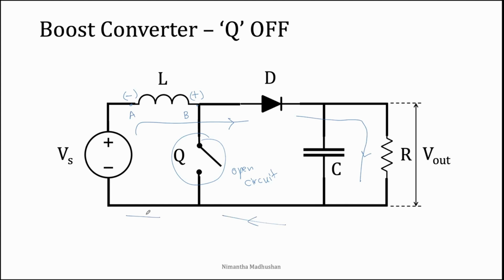This is the current path during the turn off time. Q is an open circuit, the inductor acts as a voltage source, so there are two voltage sources, the main voltage source and the inductor, and the current goes through the diode to the load.